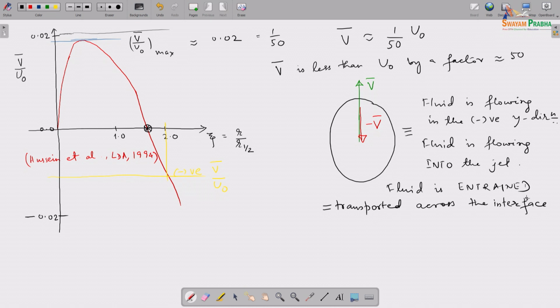So fluid is flowing into the jet itself, in the negative y direction, so fluid is being entrained.